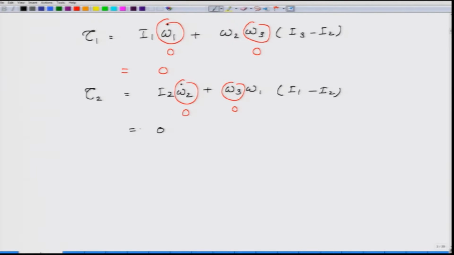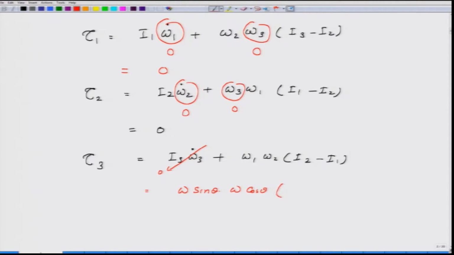The only component that is non-zero is tau 3, which is I3 omega 3 dot plus omega 1 omega 2 times I2 minus I1. Omega 3 dot is anyway 0. So, the only term that contributes is the second term, and this is going to be omega sin theta times omega cosine of theta times m a square over 12 minus m b square over 12.